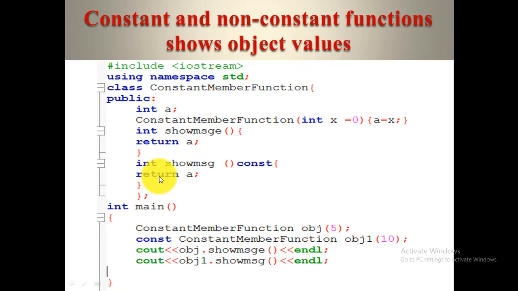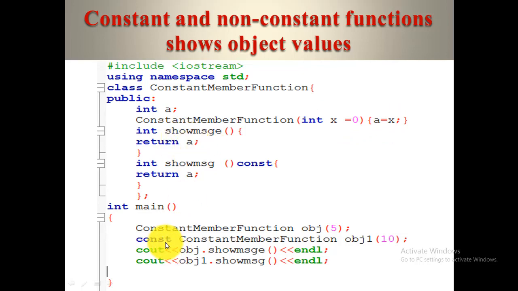After that we define a constant function. It also returns the value of a. And in the main function we created a simple object and passed the value 5. This 5 goes into the value of x, and from x it shifts to a, and here it returns the value of a as 5.